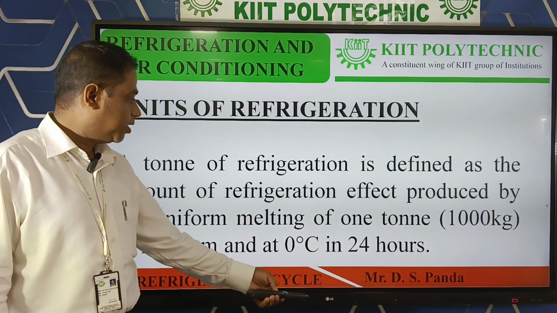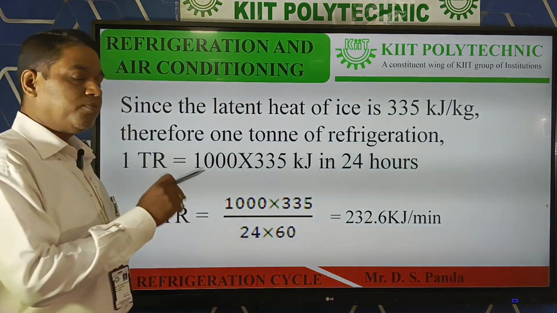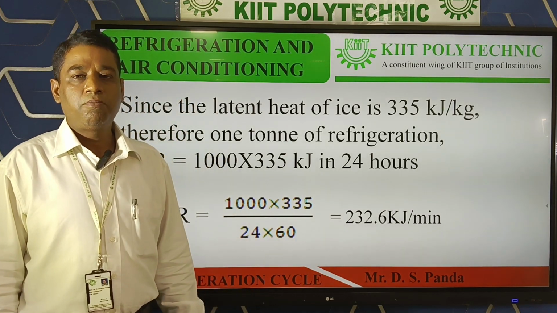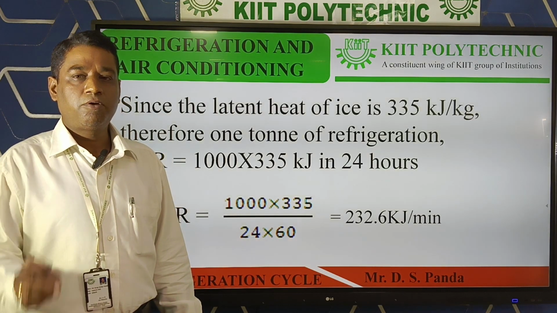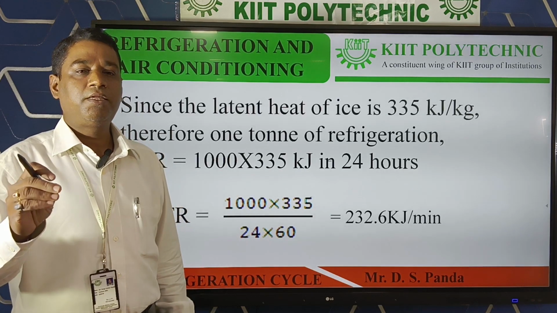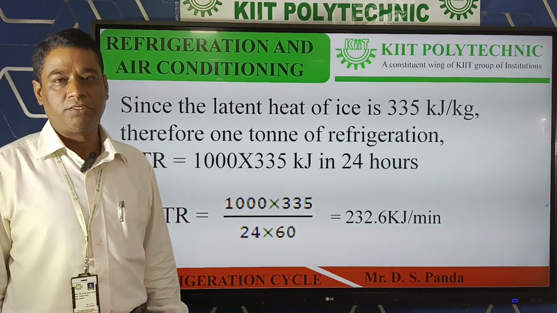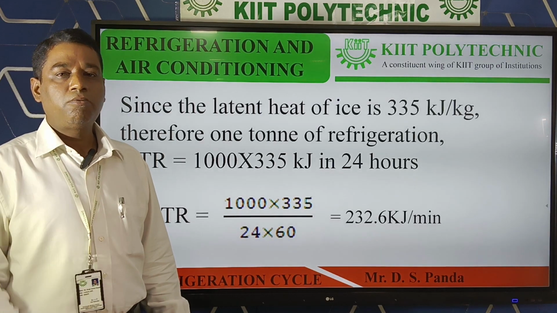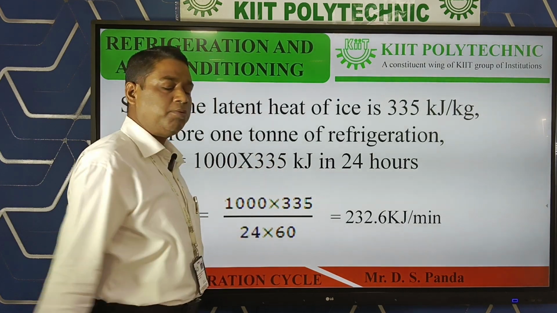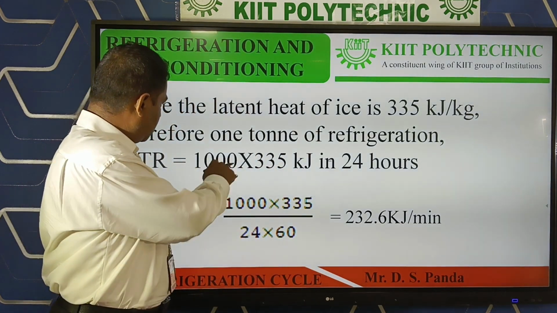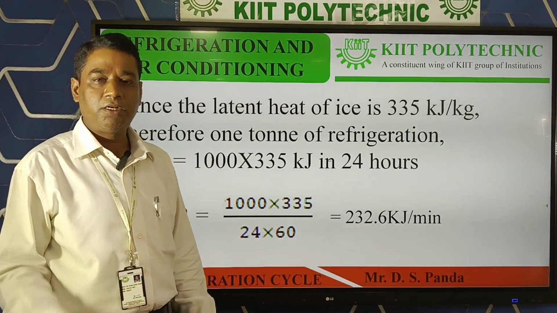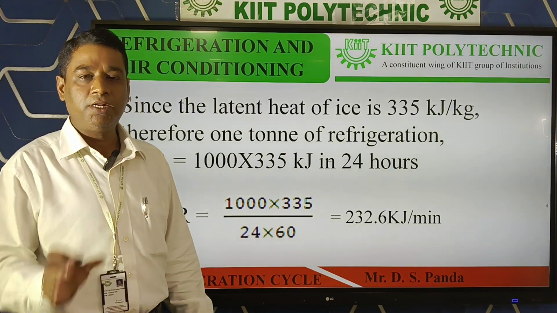In the calculation, suppose the latent heat of ice is 335 kilojoule per kg. For 1 kg of ice to change phase, it needs 335 kilojoules of heat addition. So for 1 ton, 1000 kg, it is 1000 into 335 kilojoules. So 335,000 kilojoules of heat addition is required in 24 hours, that means in a single day.